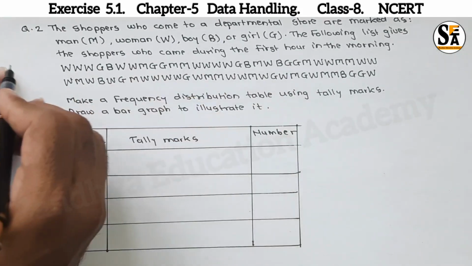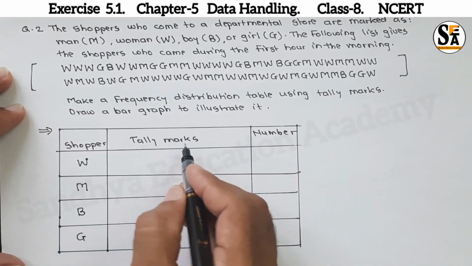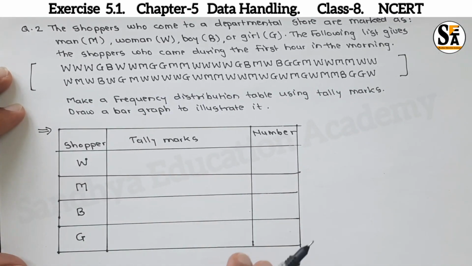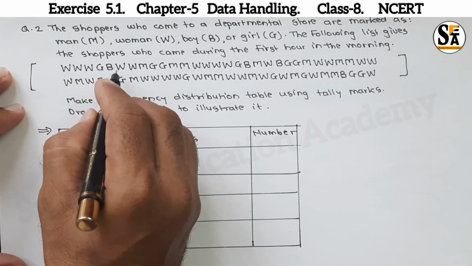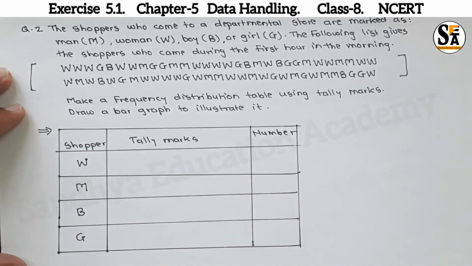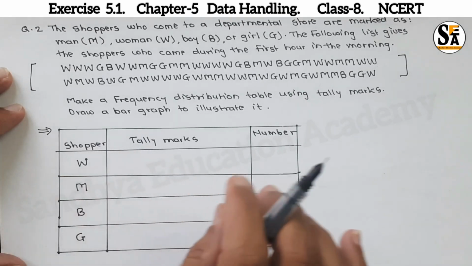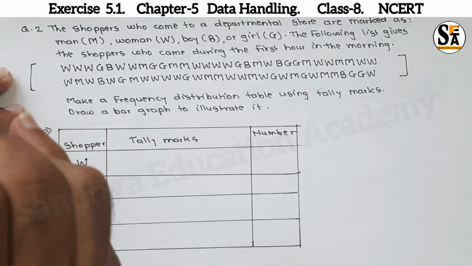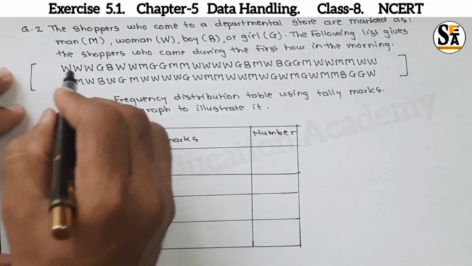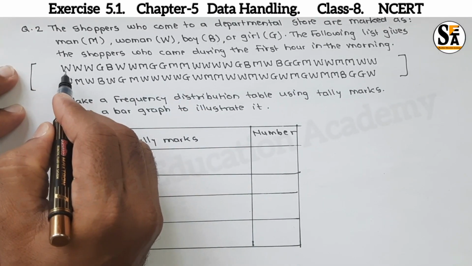All this is data and we will use this data to make the tally marks. Very carefully see and do not skip any single marking, otherwise our numbers will go wrong. So your concentration is required. Do it systematically, go slowly and concentrate on this raw data.